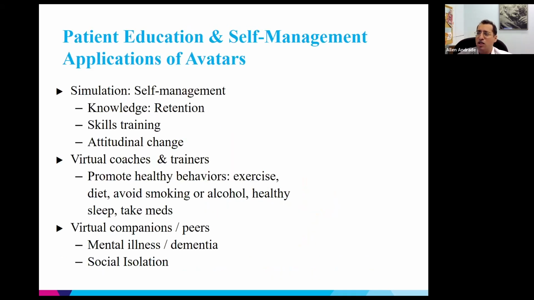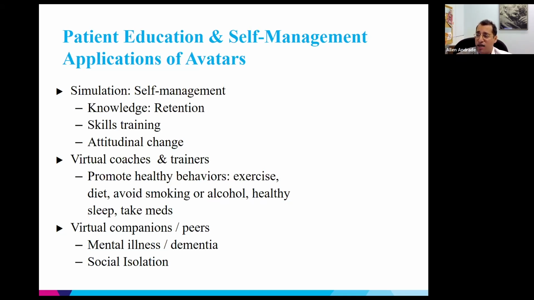So how can we use these digital humans? Well, we can use them in self-management by using these avatars to provide knowledge, and using them sequentially to provide retention, skills training, attitude training, virtual coaches as trainers, and trainers to do what?